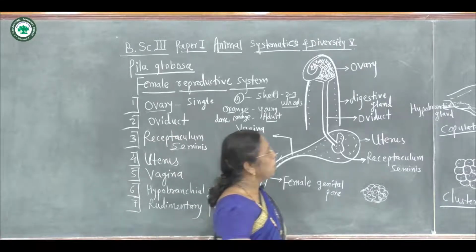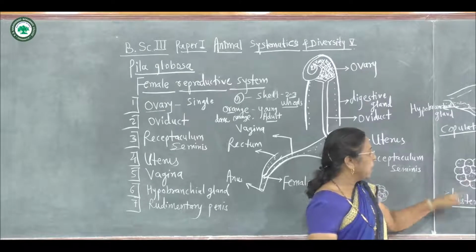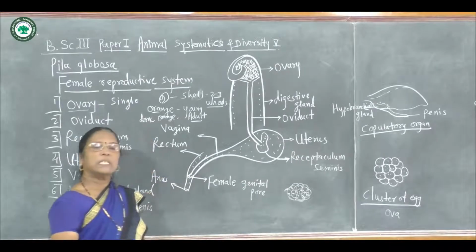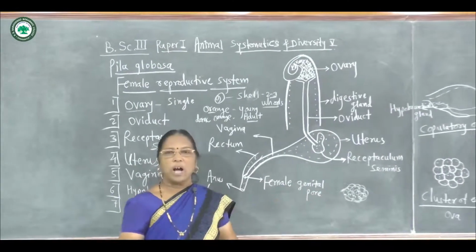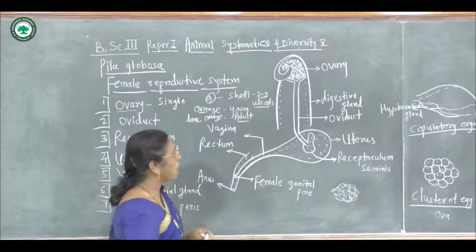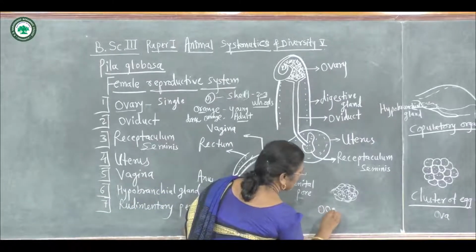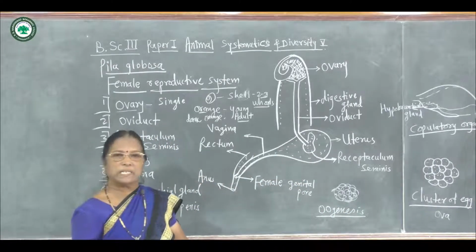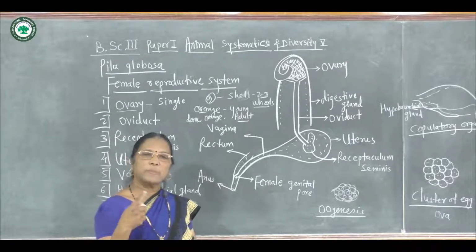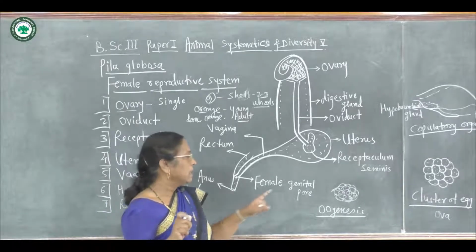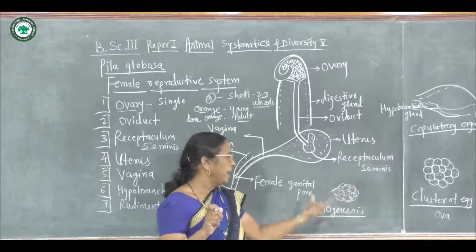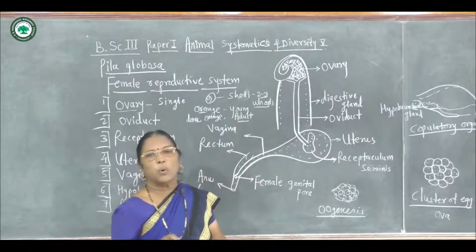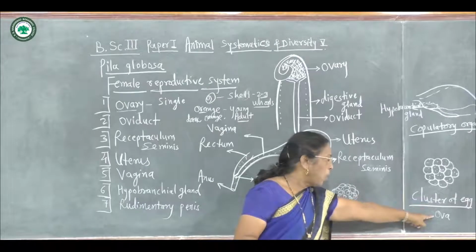The main function of the ovary is to produce eggs or ova. The synthesis of eggs inside the ovary is called oogenesis, just as sperms form in the testis in the male, a process called spermatogenesis.